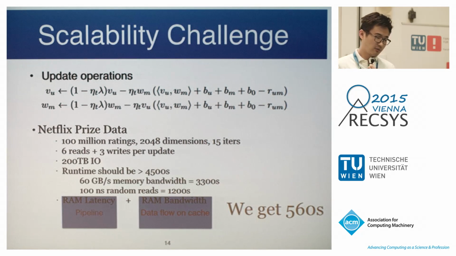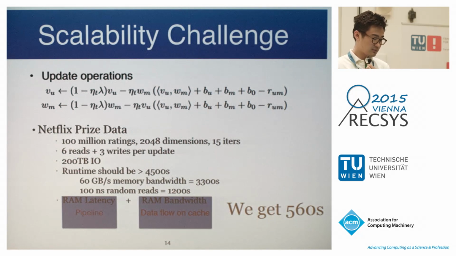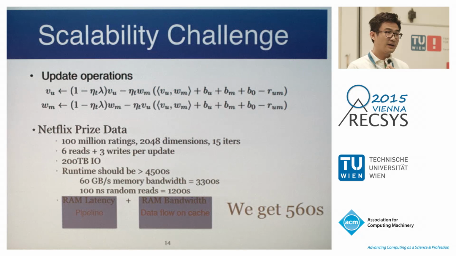For Netflix data, as an example, we have 100 million ratings, 2,000 dimensions if we set it so, and 15 iterations to converge. Given each rating, we need 6 reads and 3 writes per update. It's 200 terabytes of I/O. The runtime should be very large, and mainly it consists of RAM latency and RAM bandwidth.